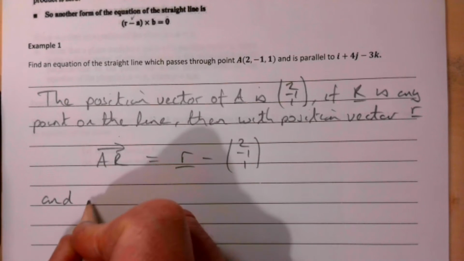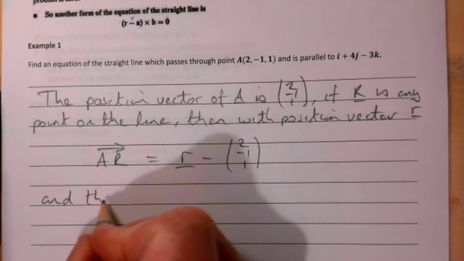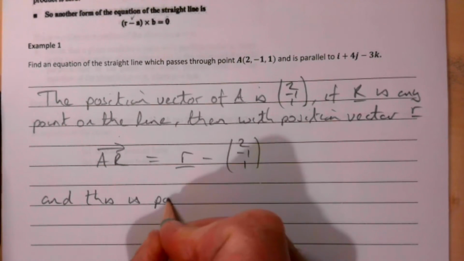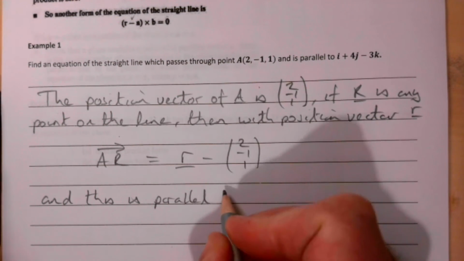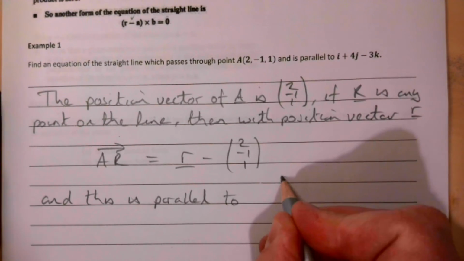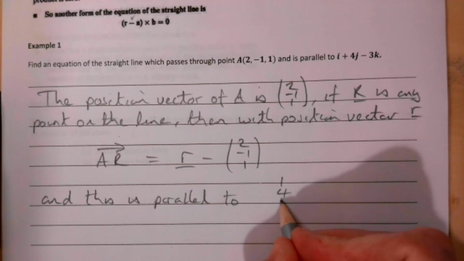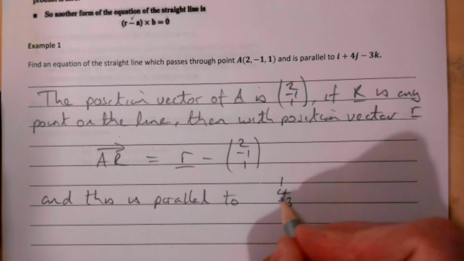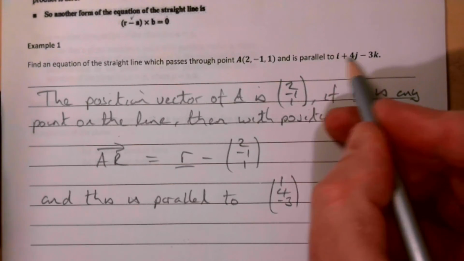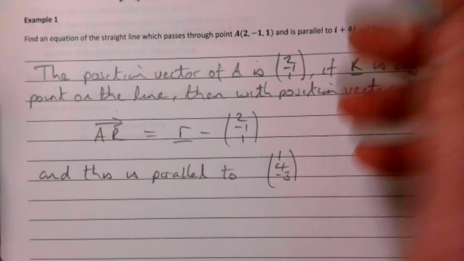And we know this is parallel to (1, 4, -3), which is where I'm getting this from here. All right?